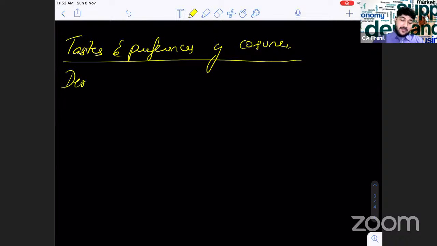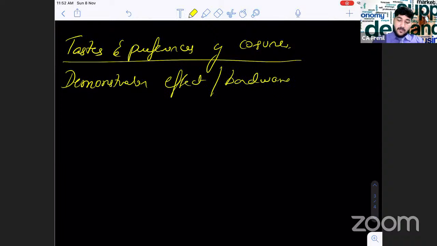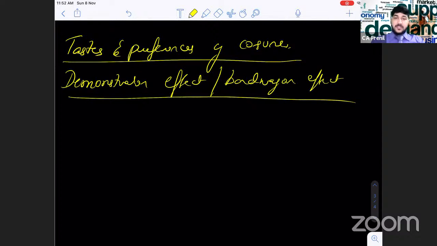There is something called the demonstration effect. There is something called the bandwagon effect. Demonstration or bandwagon effect. What do you mean by demonstration or bandwagon effect? You should remember this.